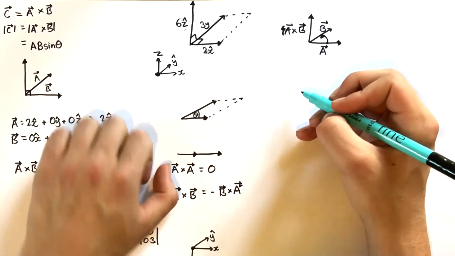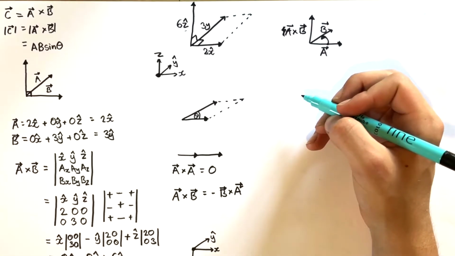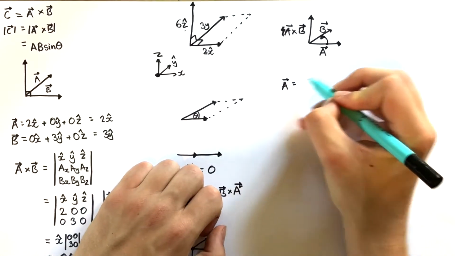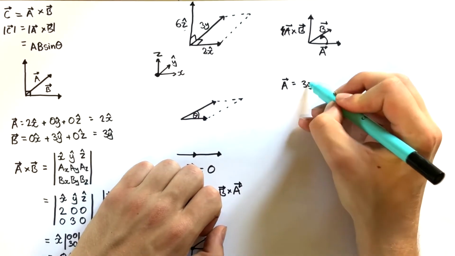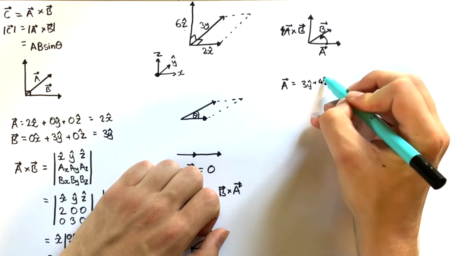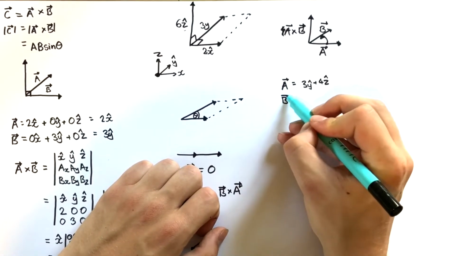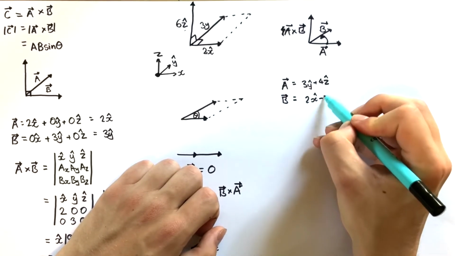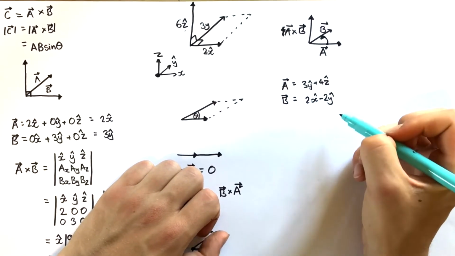And finally, let's have a look at an example question. So we have the vector A, which is equal to 3y hat plus 4z hat, and the vector B, which is 2x hat minus 2y hat.